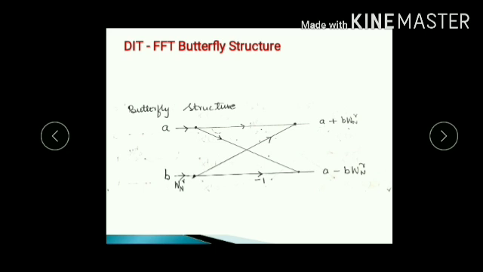So you're adding, so A plus B into W_N^r. Similarly, for the second one, you're getting A at this point initially. At the same time, you have a minus sign here. So A minus B into W_N^r. I hope you can understand the butterfly.